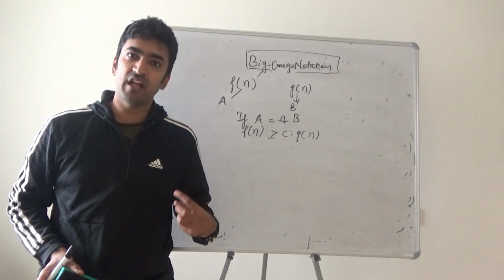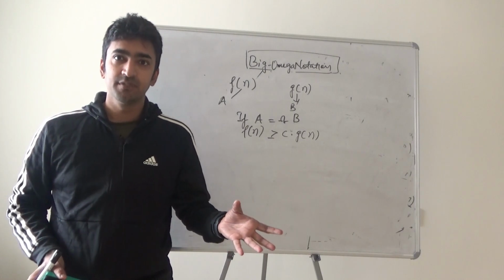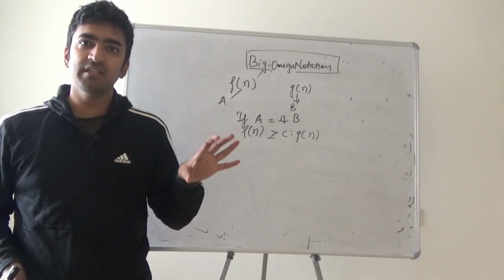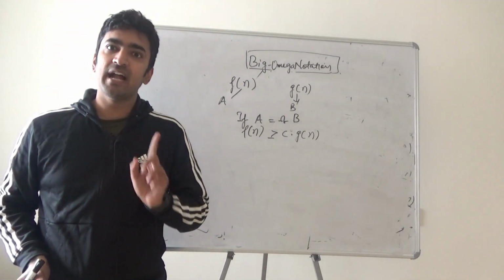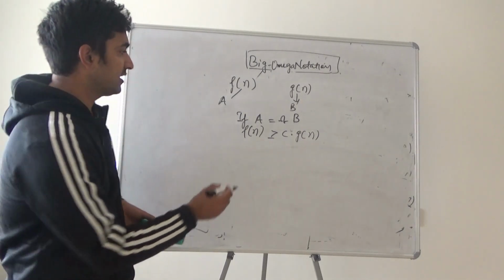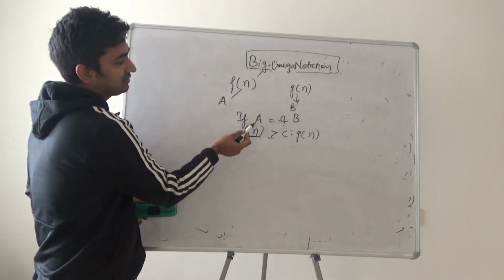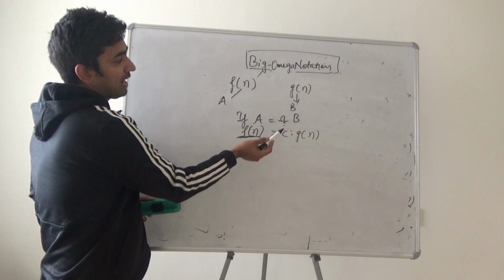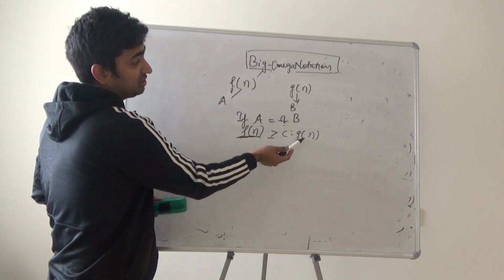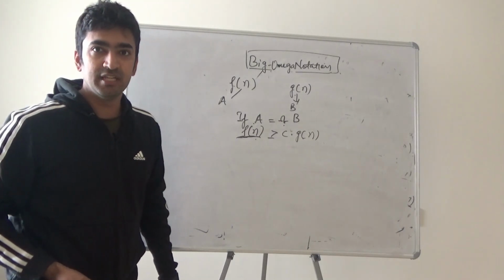Then you have to take the value of n as n naught, and then we have to calculate. Any algorithm is an omega of any other algorithm if it is greater than or equal to Cgn. So I can say that A is omega of B if Fn, the complexity of A, and Gn, the complexity of B, satisfy Fn greater than or equal to Cgn.